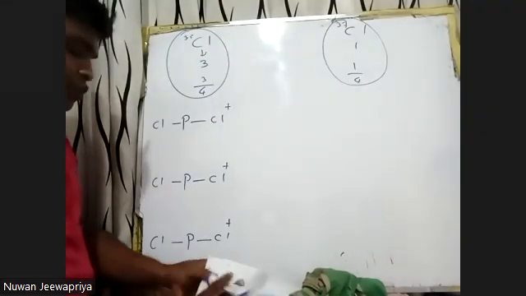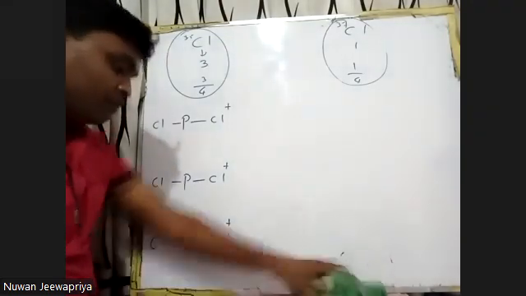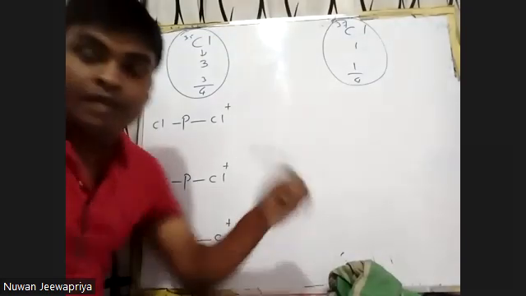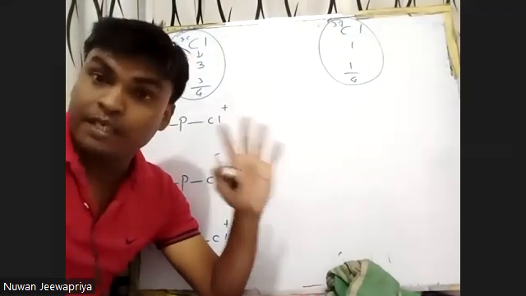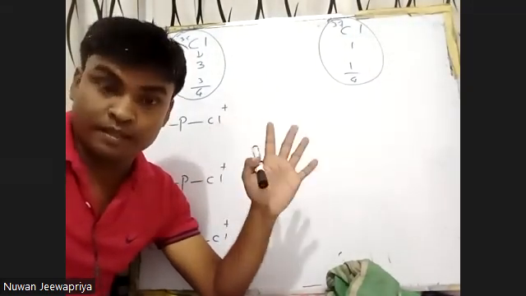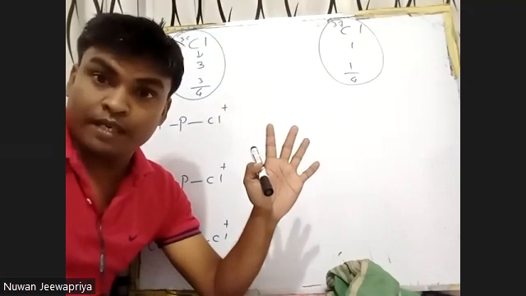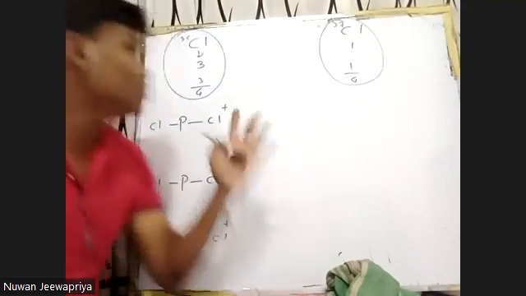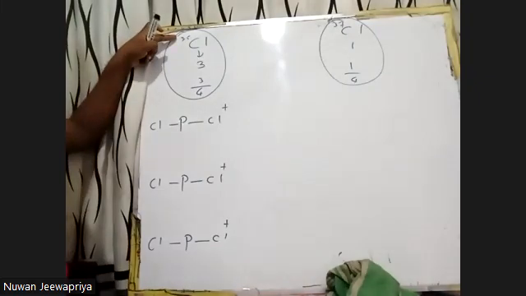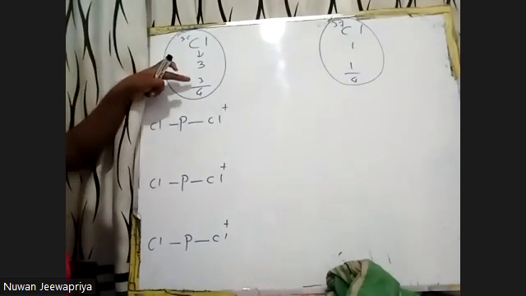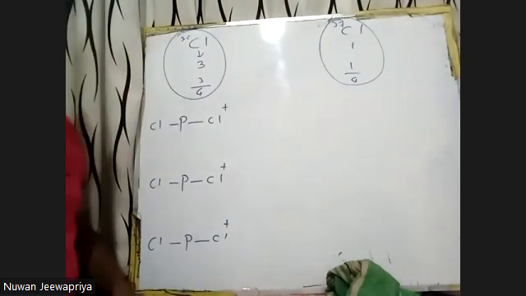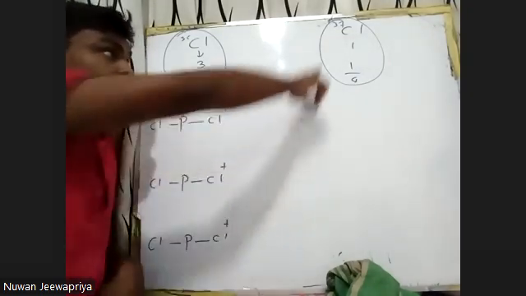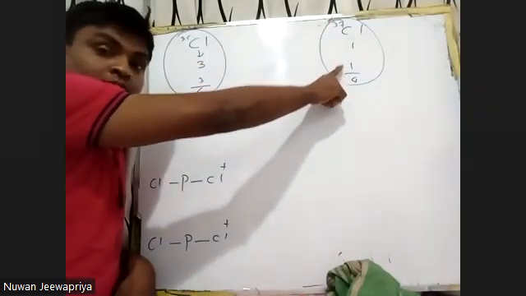So the probability of finding a Cl35 isotope is 3 over 4, and the probability of finding a Cl37 isotope is 1 over 4.